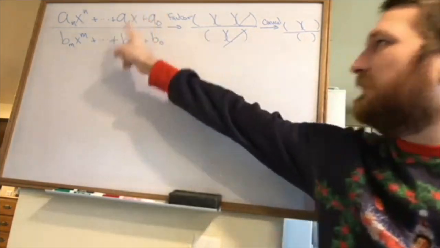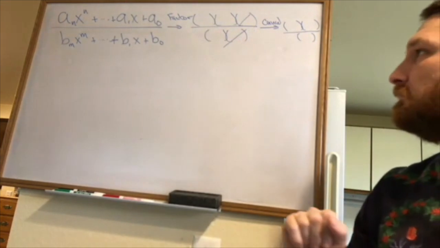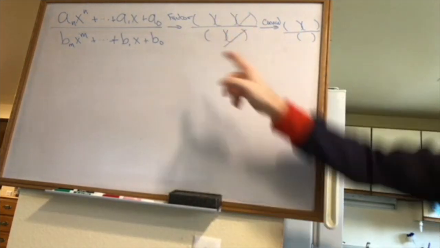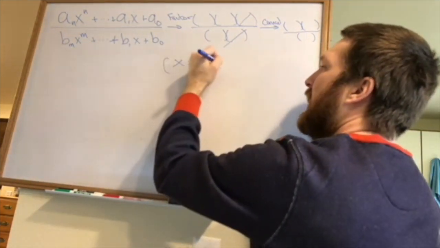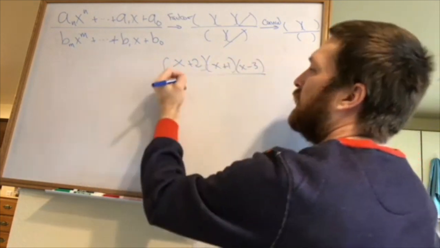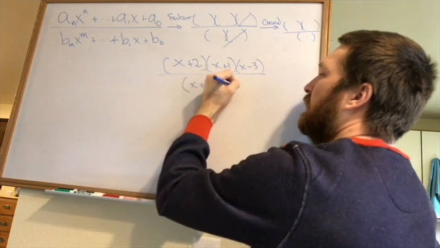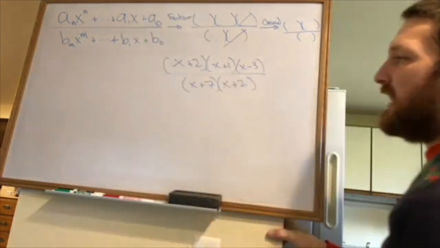Given a polynomial divided by a polynomial, we factor it down, and then we cancel anything out that is redundant, right? Like, for instance, if this were x plus 2, x plus 1, and x minus 3, and this were over x plus 7 and x plus 2, we would say, oh, hey, I just factored this guy down.